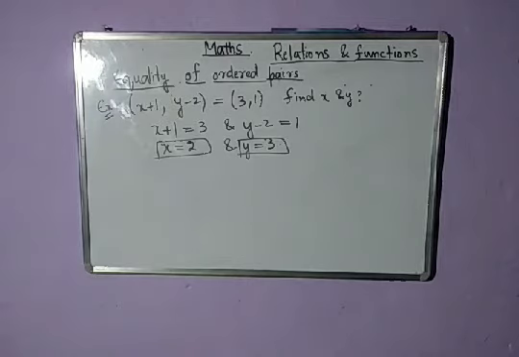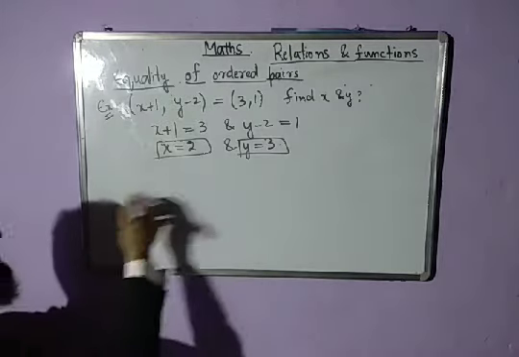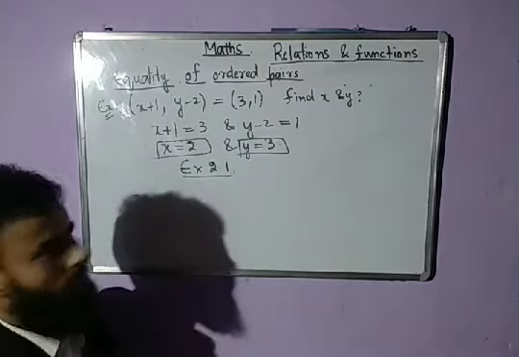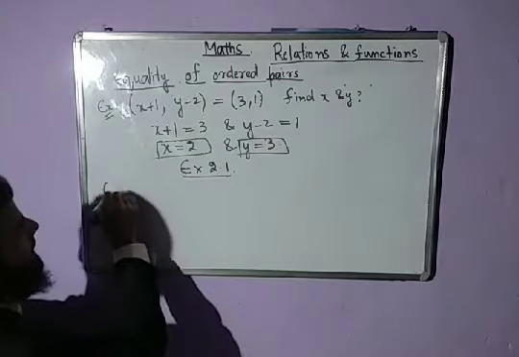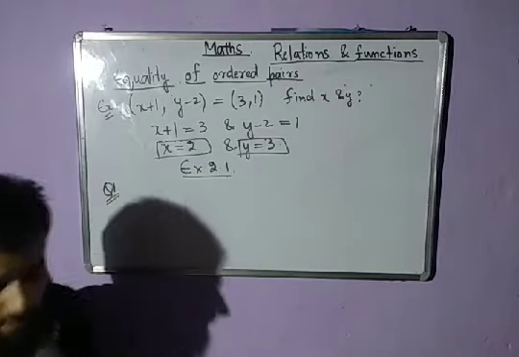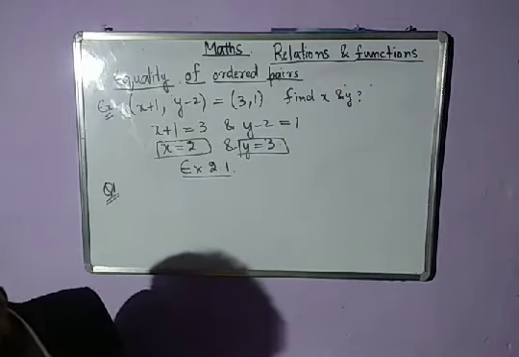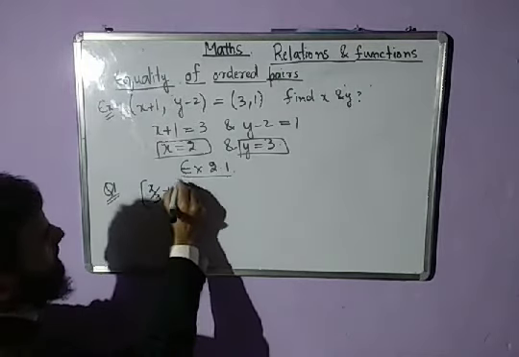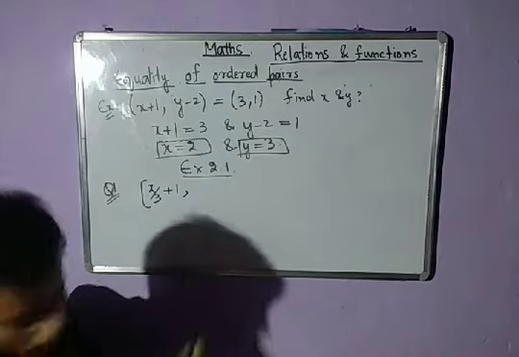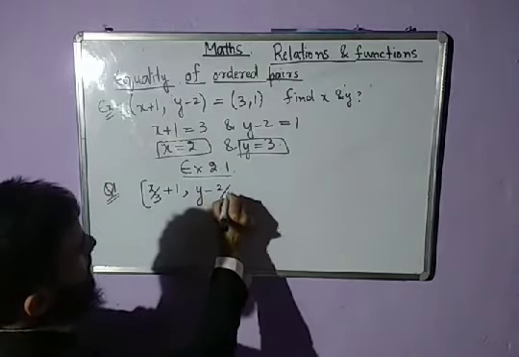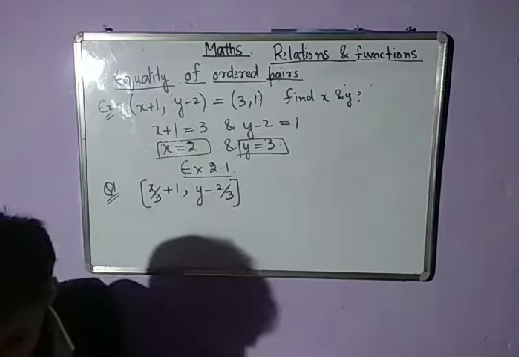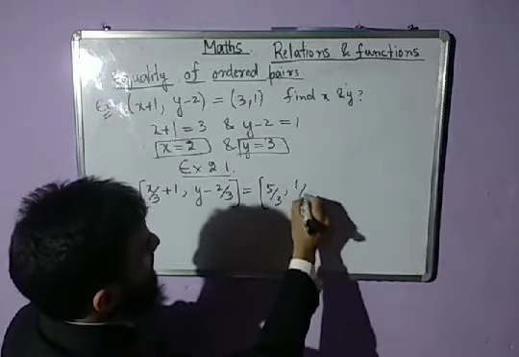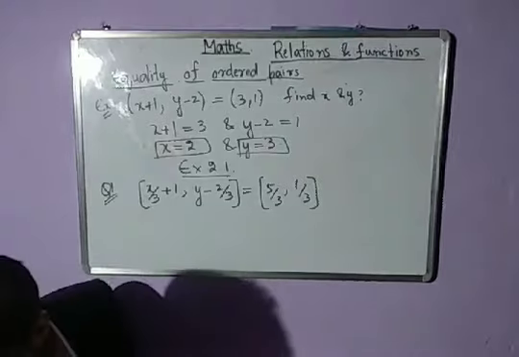Now there is a question on the equality of ordered pairs in exercise 2.1. You can find it in our NCERT textbook. There is question number 1 on the equality of ordered pairs. It's given that (x/3 + 1, y - 2/3) = (5/3, 1/3).